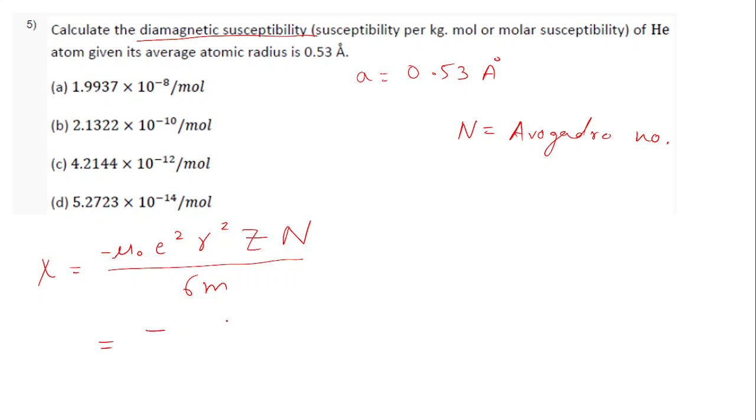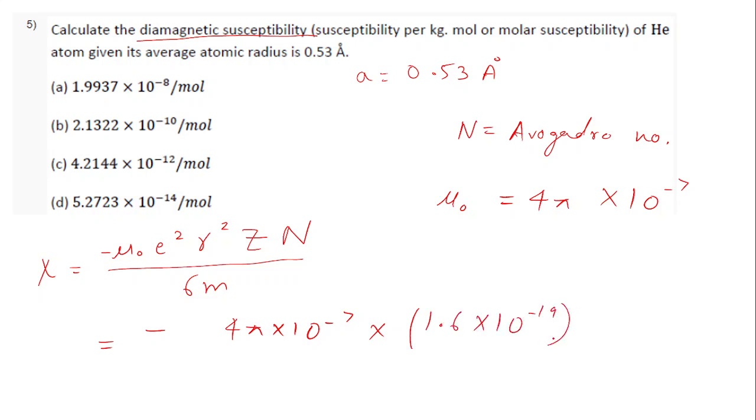Minus mu naught e square. Mu naught is the permeability of free space. Its value is 4 pi 10 to the power minus 7, and then whatever unit, I don't remember. So this will be 4 pi 10 to the power minus 7. e square means the charge of electron, 1.6 times 10 to the power minus 19 squared, and radius is here in angstrom.